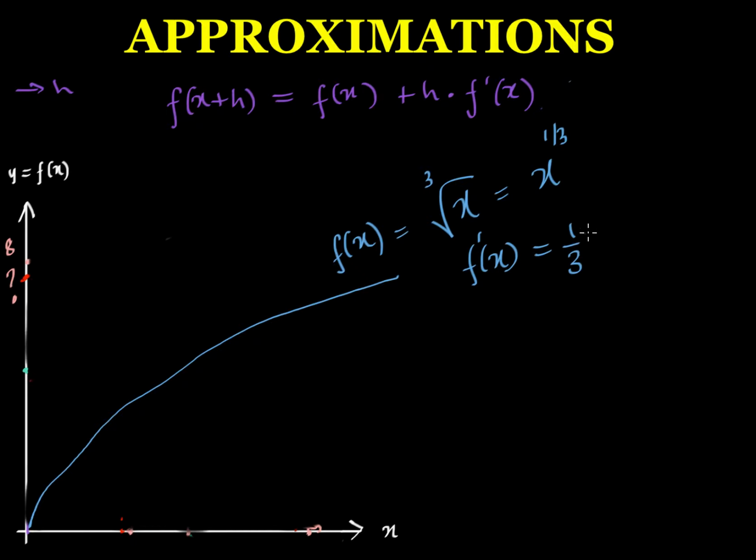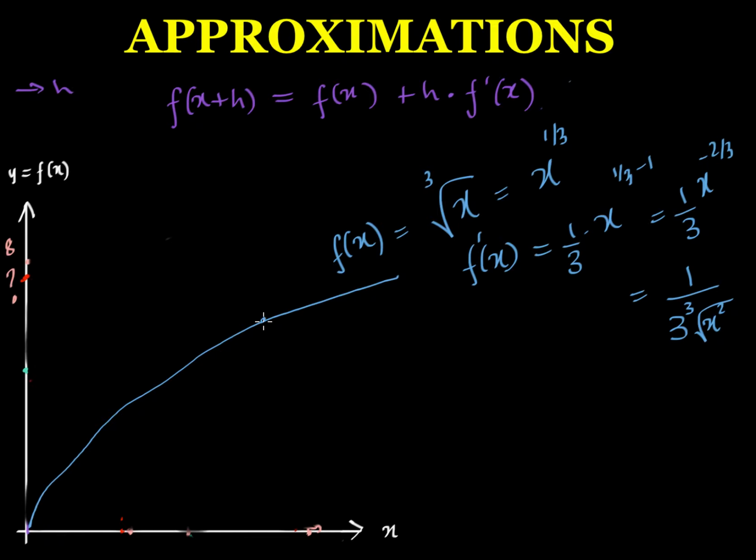It's 1 by 3 times x to the 1 by 3 minus 1, which is equal to 1 by 3 x to the minus 2 by 3, which is also equal to 1 by 3 times the square of the cube root of x. So we have these values, and let's just get on with the approximation.